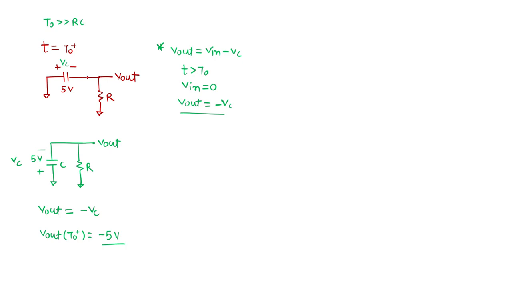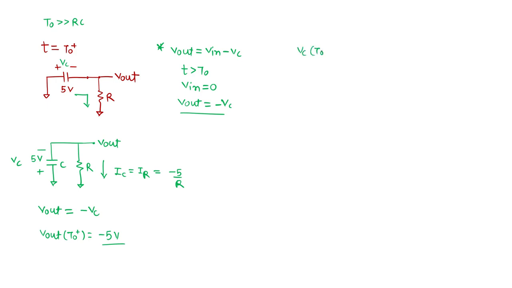So now what should happen? Output is minus 5. So what is the current? We're considering the direction of current like this, and I will continue with this direction. So IC equals IR, which comes to be minus 5 by R at this instant.